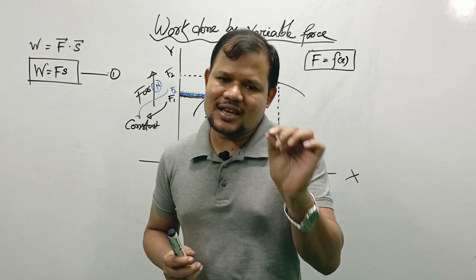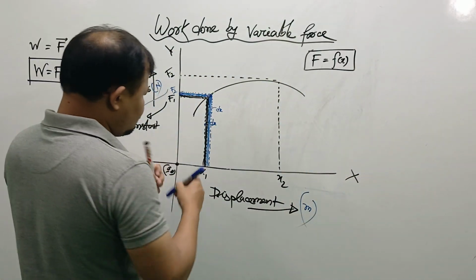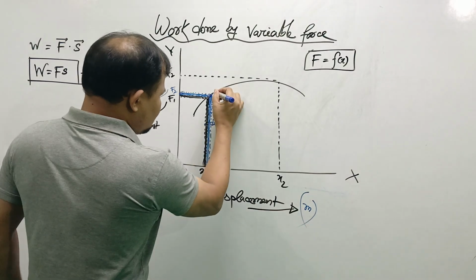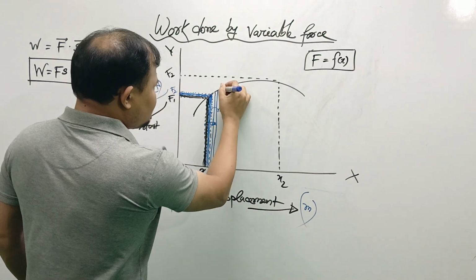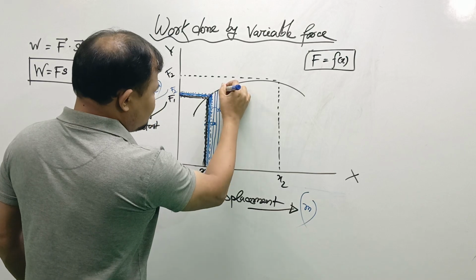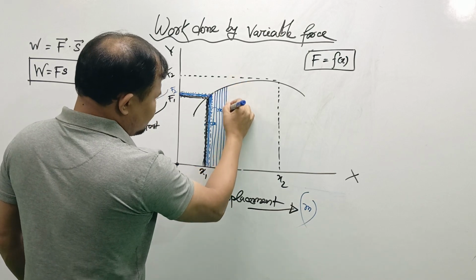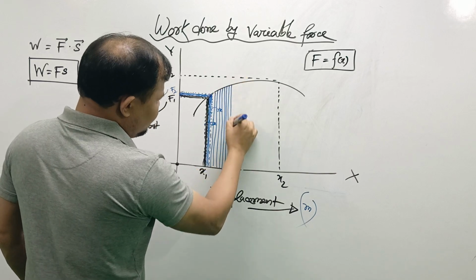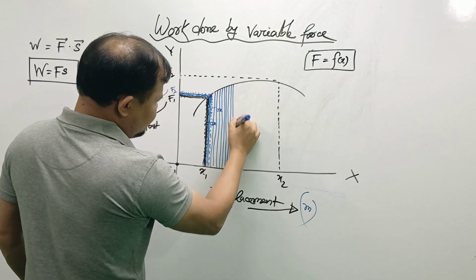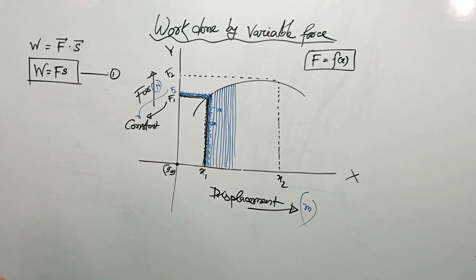In every part the displacement is equal. For every cross section, the displacement will be the same.